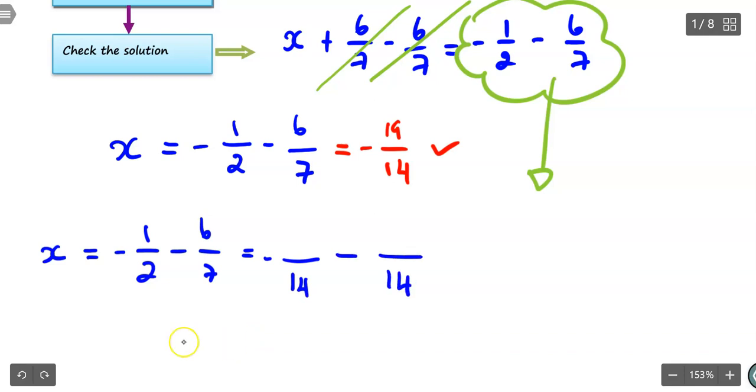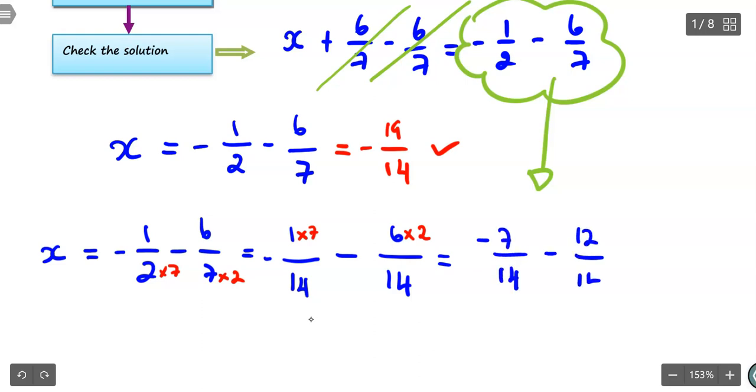From 2 I get to 14 because I multiply 2 by 7, and I multiply 7 by 2. That means I must do the same thing on top. So right here I must multiply this by 7 and I also multiply this by 2. So in the end, my answer would be negative 7 over 14 subtract 12 over 14.